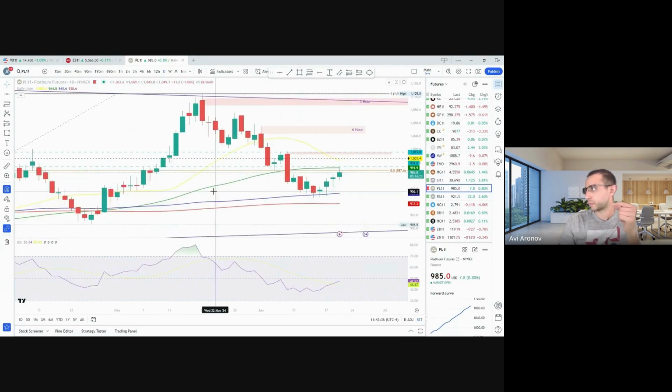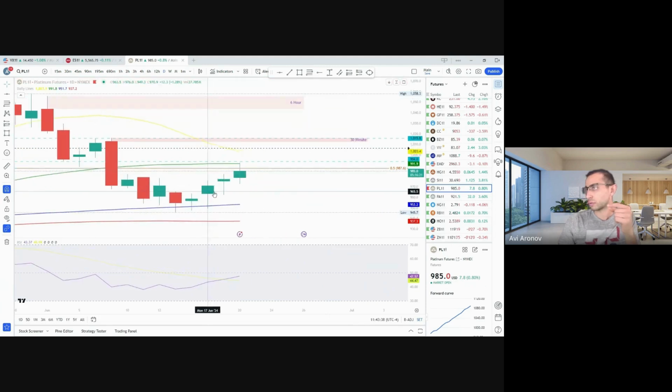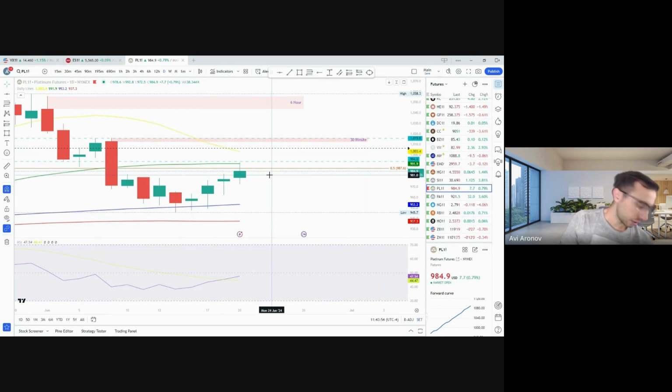Also, what I'm reviewing right now, what we will want to look at are the whole numbers: 1000, 1100, and everything. 1000 is right here, where the 20-day moving average is.